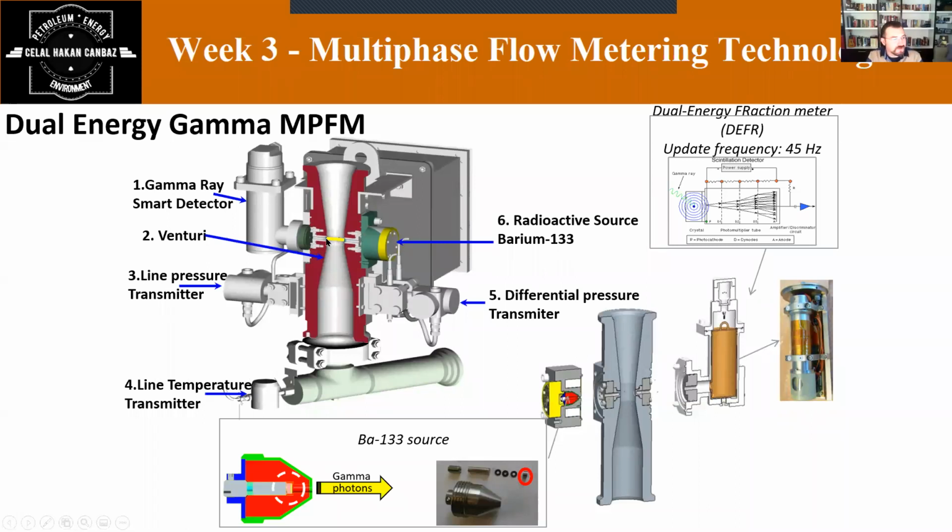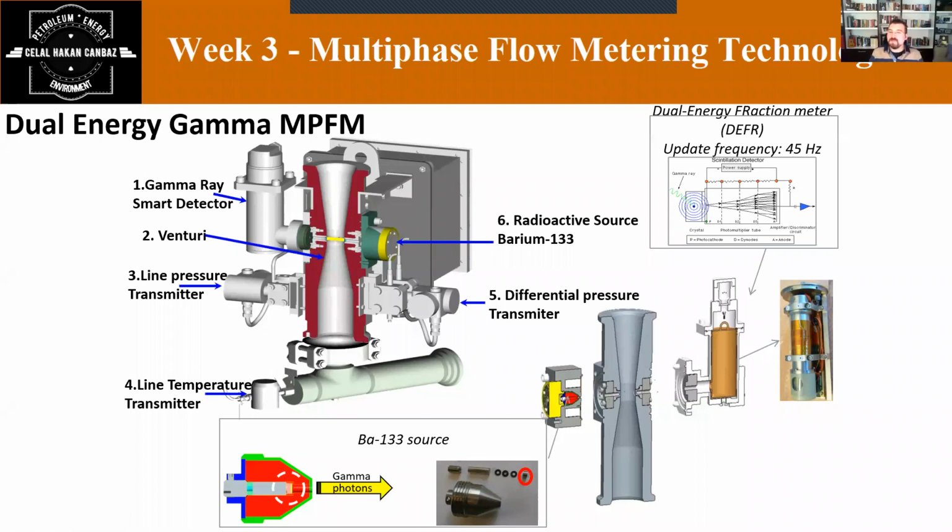Your flow is coming from the lower part in the upward direction. Your three-phase flow, oil, water, and gas, collides with the gamma photons. Gamma photons lose energy when they collide with an oil molecule. When they collide with a gas molecule, they lose some part of their energy.